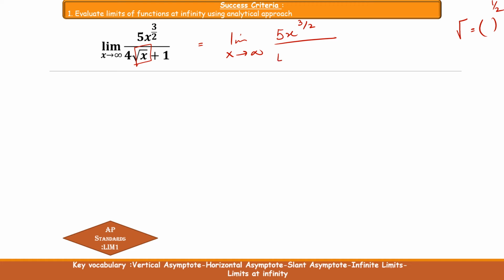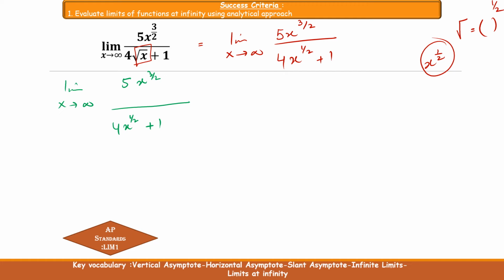So we have 4x to the power of half. Now focus on the denominator and write the variable with the highest degree of the denominator. So that is x to the power of half. Now after that, divide the whole equation by x to the power of half. So I am first writing the question as it is.